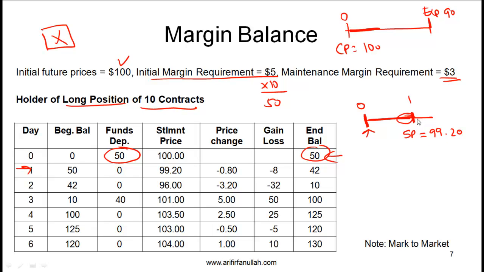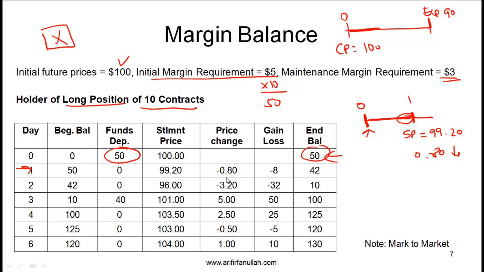This means that at the beginning of day 2, anybody who gets into this forward contract, expiring again, let's say over here at the end of day 90, so people getting into a long contract over here would get into a contract price of 99.20. Now since the price went down by 80 cents or $0.8, the long party obviously has not done well, so there is a loss to the long party.